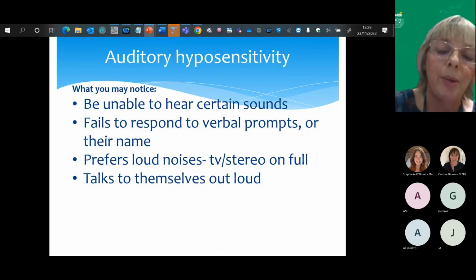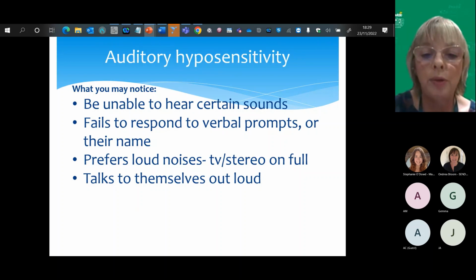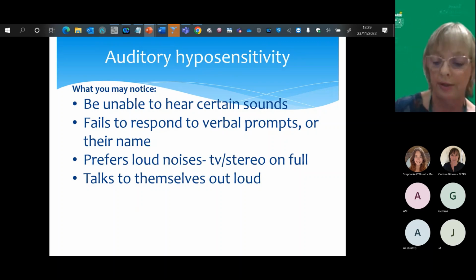They don't have a hearing impairment. They have an auditory processing difficulty, and there are places to get advice and support. I think the NHS has got a few auditory processing centres around, and your OT might well be able to help you with advice on your child if you think that they've got an auditory processing difficulty.